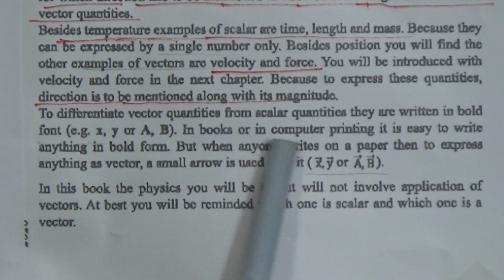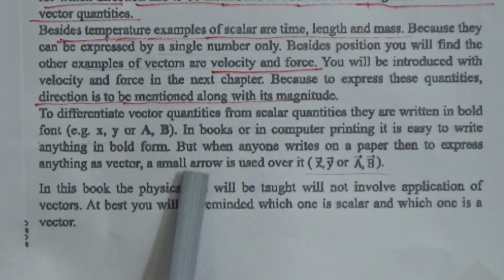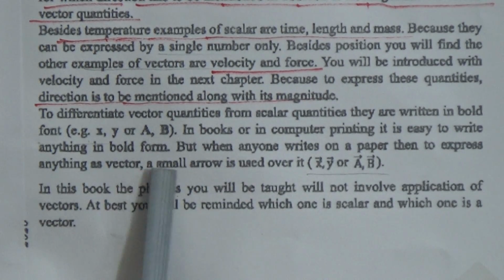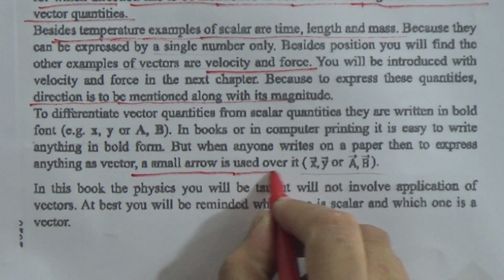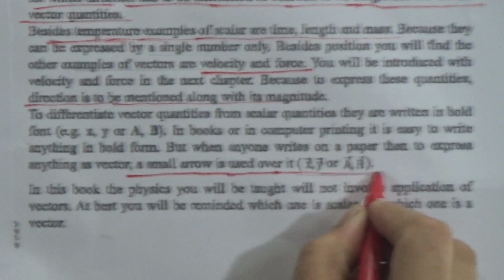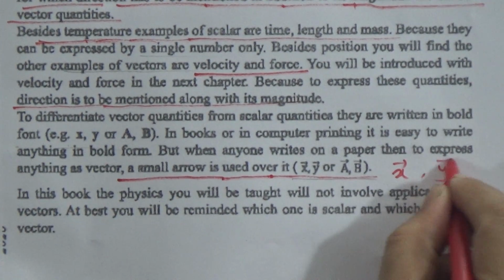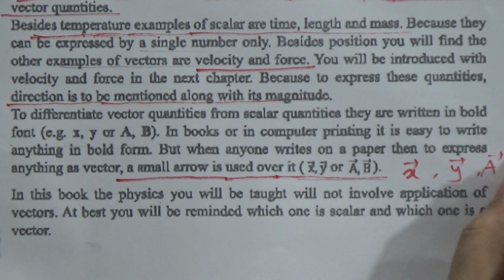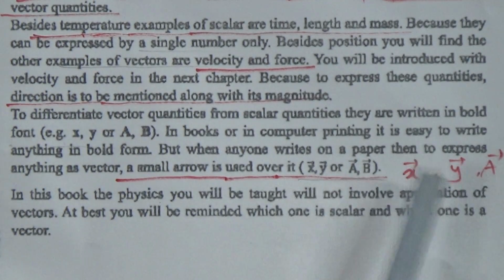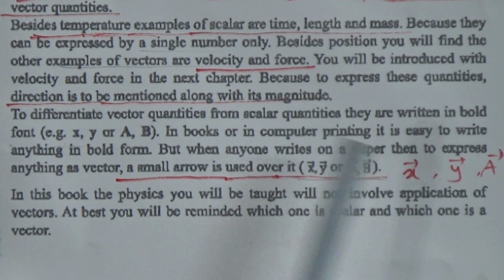In a book or in computer printing it is easy to write this way, but when we write by hand, to express the vector we have to use a small arrow over it. Okay, suppose x vector, y vector, a vector, b vector.